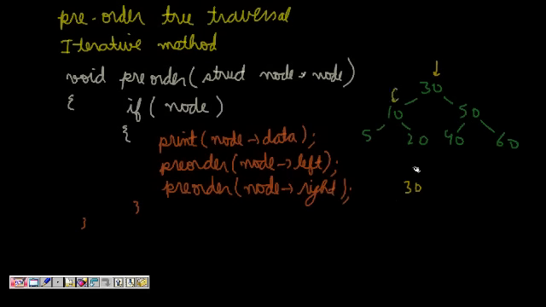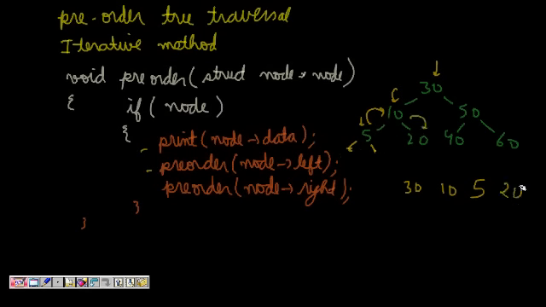We come here, print 10, do pre-order node left, and come to this node, print the data, and do pre-order node left, which is null here, so it comes back and does pre-order node right, which is null again. It comes back to this place, and we have already done the printing. Pre-order node left has been done, so we do pre-order node right.